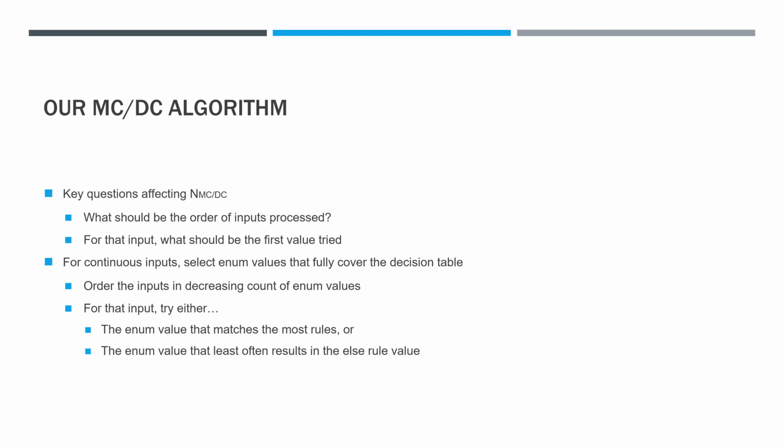Things that affect the resulting count of test cases include the order of processing the inputs, and for the selected input, the test value chosen. Our algorithm requires enumerated test case values for all inputs and outputs. So in the case of continuous data types, we need to determine the test case values for each input from the decision table input entries.